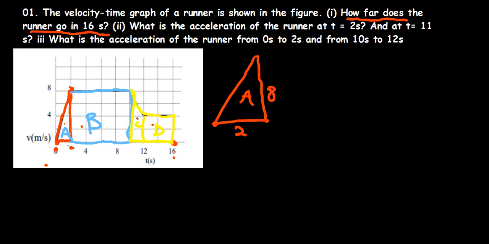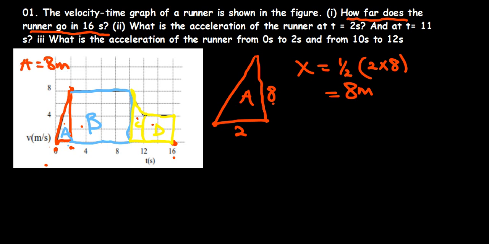So the first displacement equals 1 over 2 multiplied by 2 multiplied by 8. Half multiplied by 2 is 1, and then 1 multiplied by 8, so we are going to get 8 meters. So the displacement for A is just 8 meters.